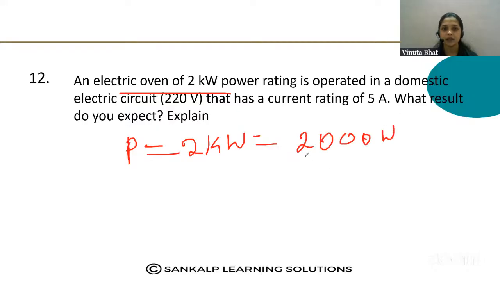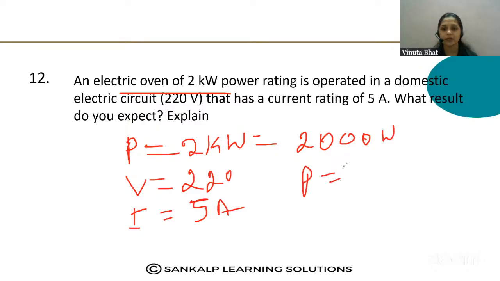V is equal to 220 volt, and I is 5 ampere. P is equal to V into I is the power formula. Find the current drawn by the appliance: I is equal to P by V.